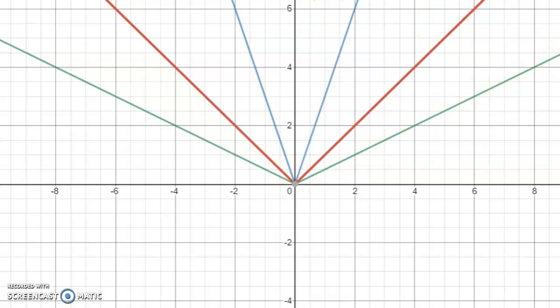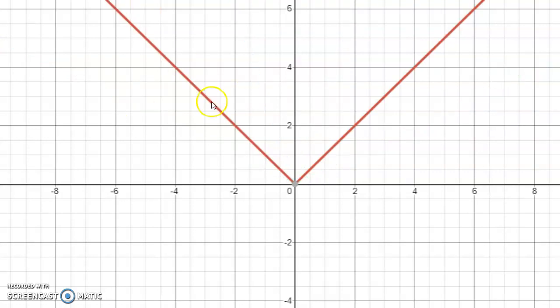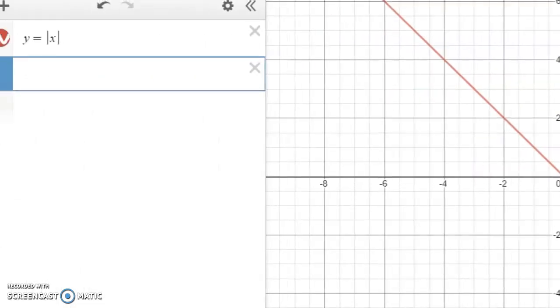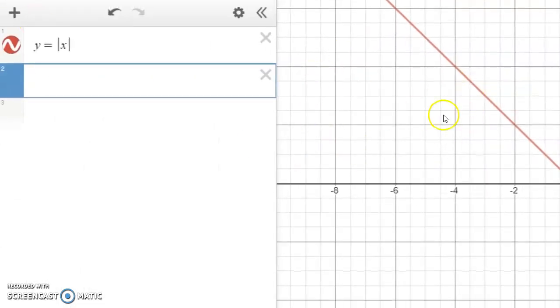Okay? Let's move them around a little bit. Let me get rid of these. And there's your standard. Now, what I want to do is for you to see the whole thing here. We did an A out front here, and you saw that that made it steeper or flatter. But let's do movement.